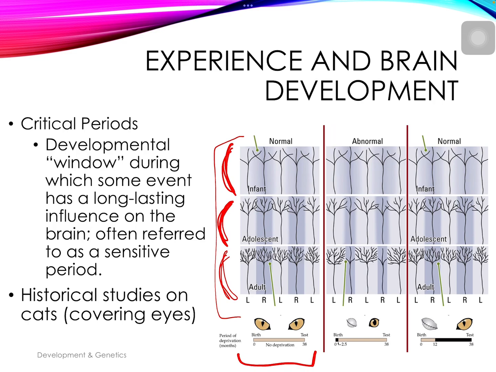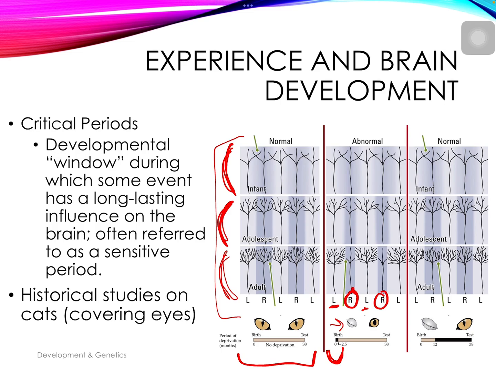And then if we have a kitten whose eye is sewn shut very early on, and here you can see exactly when in development this particular kitten's eye was sewn shut, you're going to see an abnormality in that kitten's eyes. So if just the right eye is sewn shut, the left eye gets to develop normally, but the right eye is deprived of visual input.